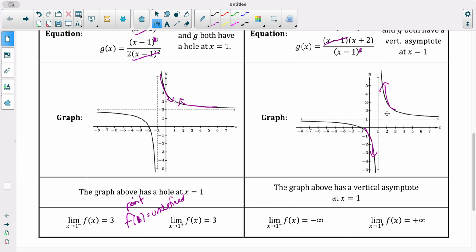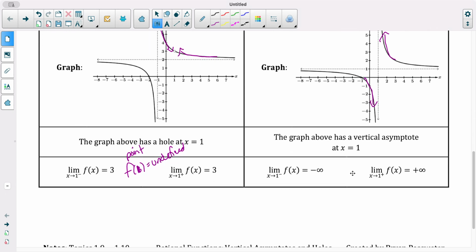So when you see a statement like that, where the limit to a specific number exists from both sides, right, and we're talking about a rational function, it means more than likely that there is a hole in the function at that point, especially if they tell you that the point itself is undefined.